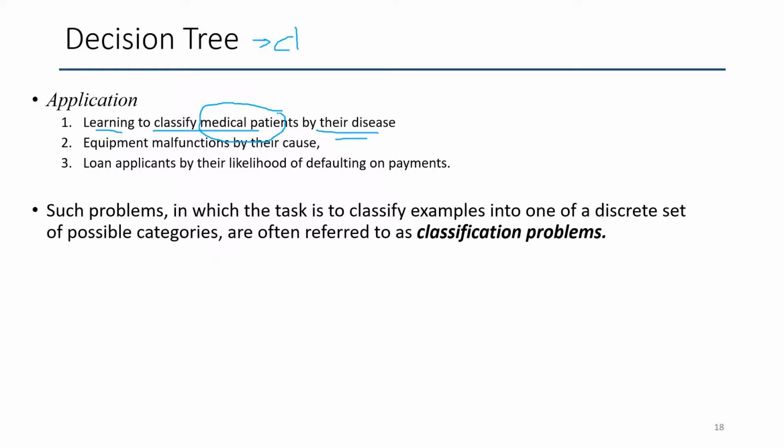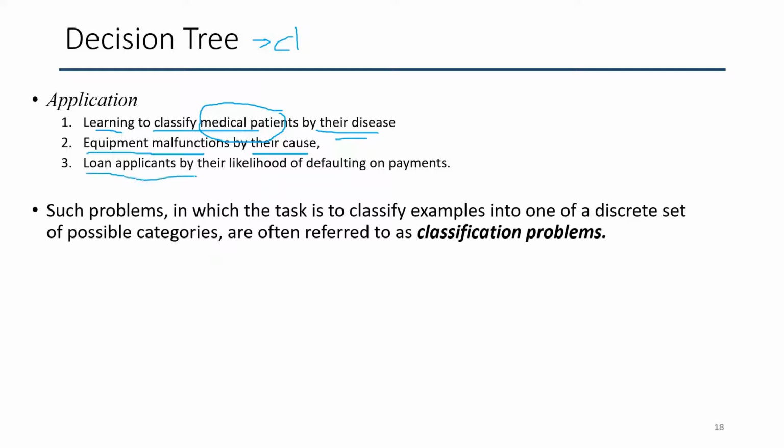We have a finite number of diseases and a finite number of symptoms, so from the given symptoms we can predict the disease of a particular patient. Then equipment malfunction by their cause. There will be discrete valued causes and we can predict the malfunction based on that.